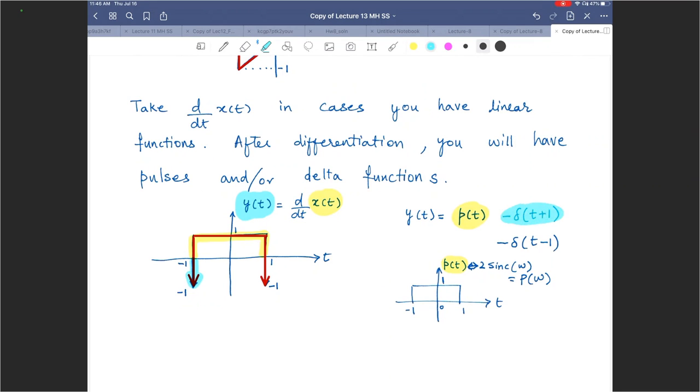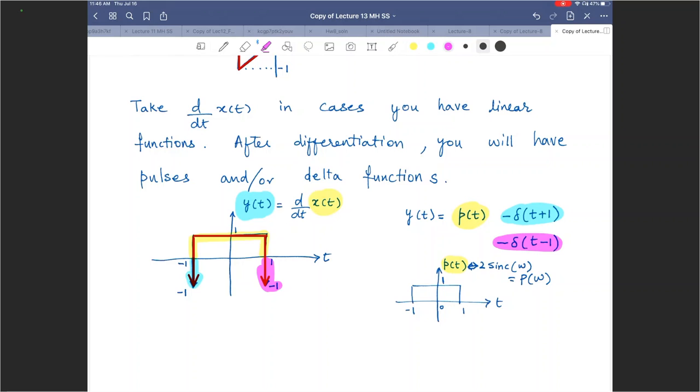So that's that. Then the third one is an impulse at +1. That is that. So I've simply written y of t as a summation of p of t, which is a pulse for which I know the Fourier transform from a standard Fourier transform pair, and there is an impulse shifted right, and there is an impulse shifted left.